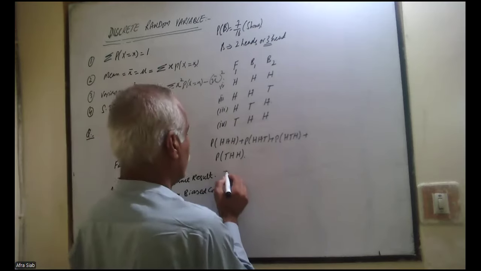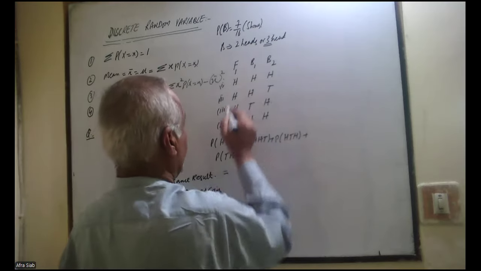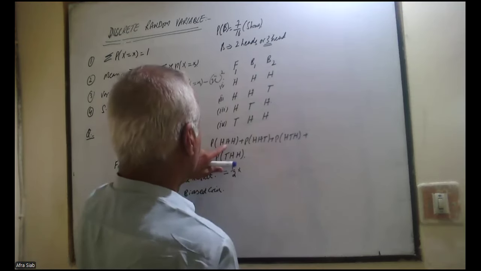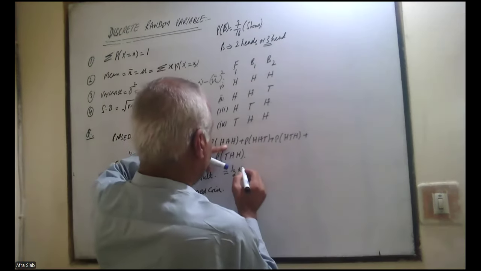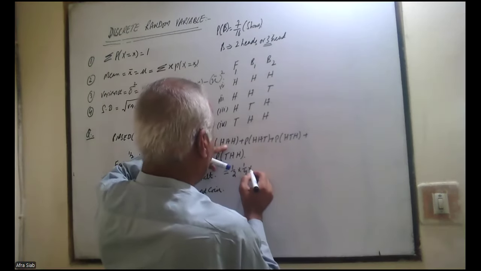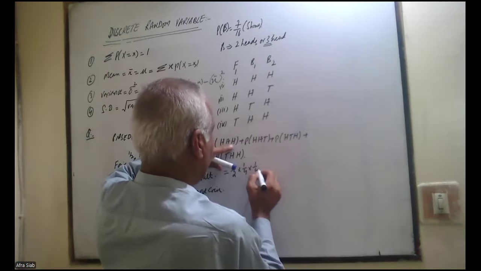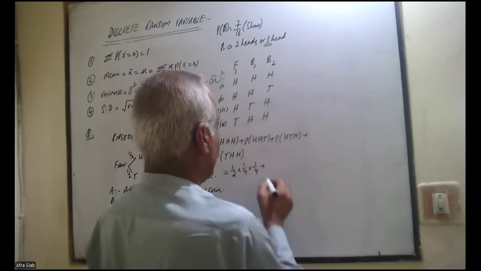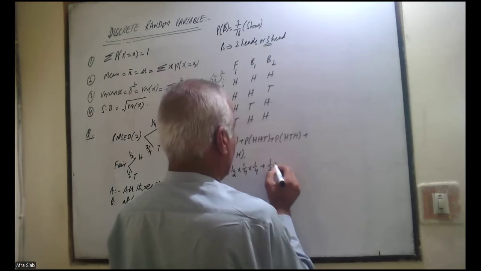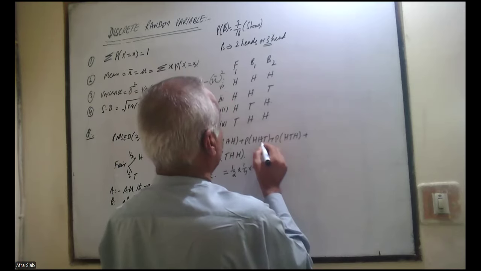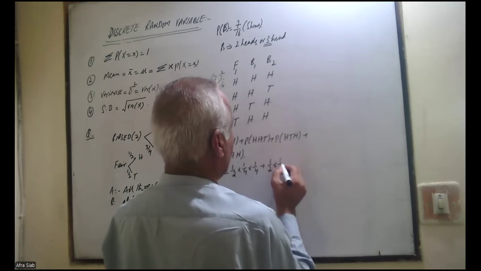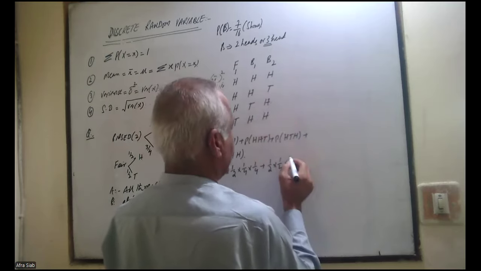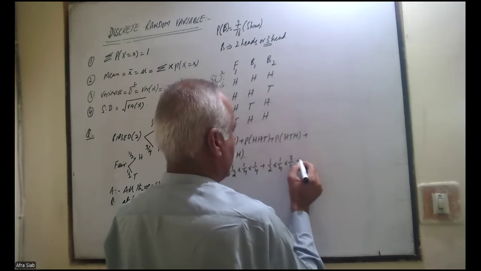So this will be equal to: the first head is fair, head fair is 1 over 2. Then there is head on the biased, that is 1 over 4, and again head on the biased, so that is 1 by 4. Plus head is on the fair, that is 1 by 2, head is on the biased, that is 1 by 4, and tail is on the biased, that is 3 by 4.